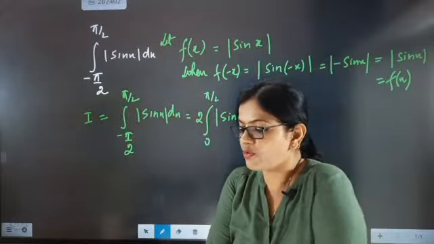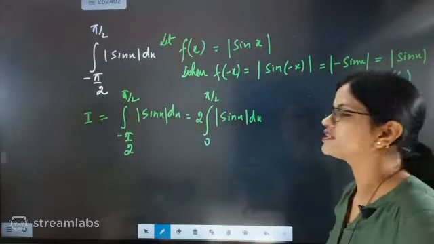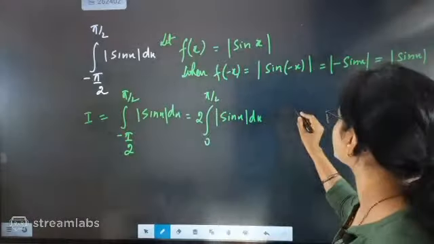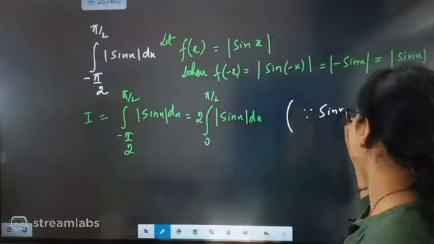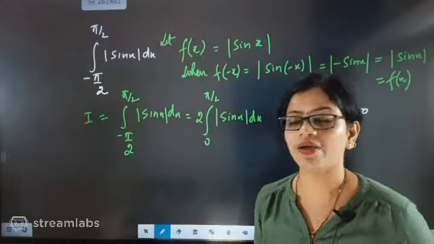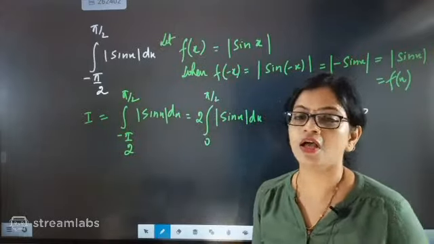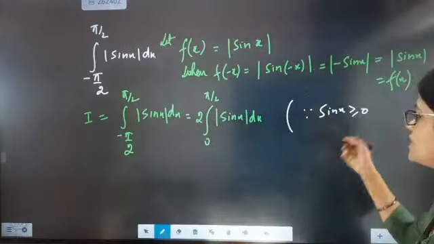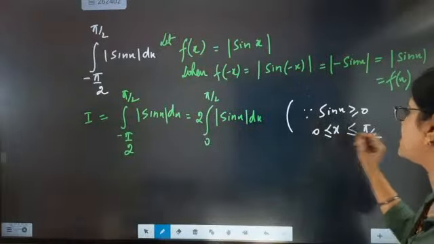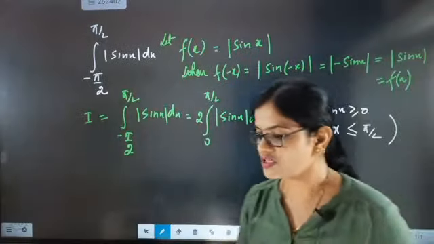Here sin x is greater than or equal to 0. Why? Because x lies in the interval 0 to pi by 2, so this value is positive, which means the modulus value will be positive.